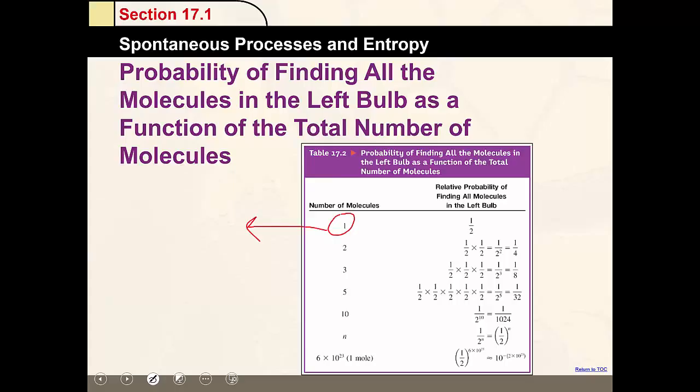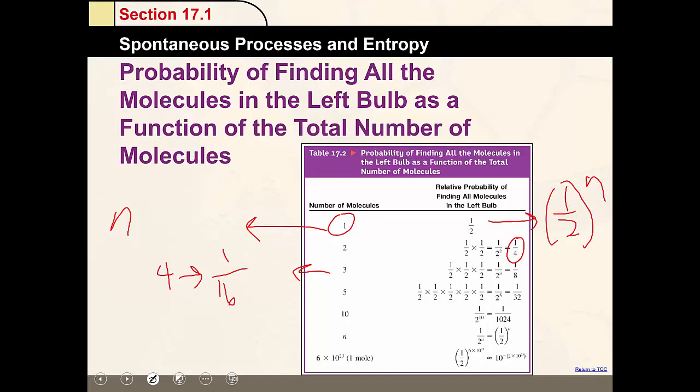So if we make that n, the probability that all are on one side, either the left or the right, would be 1/2 to the nth power. So that's why with 2 molecules, 1/2 squared is 1/4. And we just did 4 molecules, 1/2 to the 4th power is 1/16.